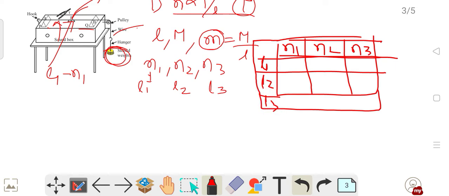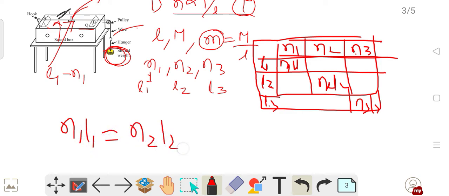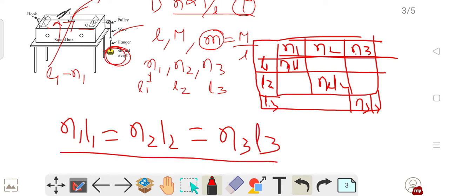Now what they observed, when they multiplied N1, L1, then multiplied N2, L2, then multiplied N3, L3, whatever values they were finding, N1 L1 was coming equal to N2 L2, and it was coming equal to N3 L3. All were same. That means this was actually a constant value.